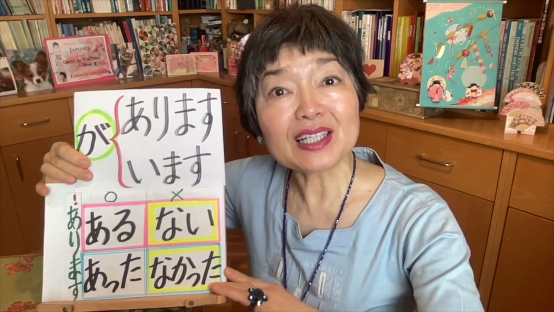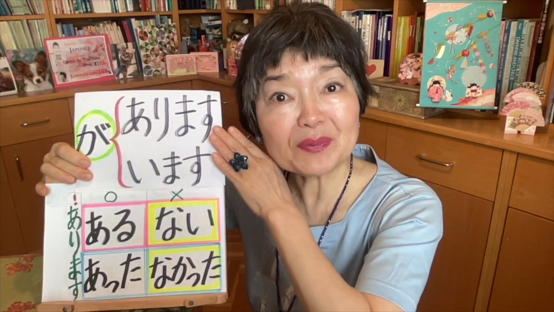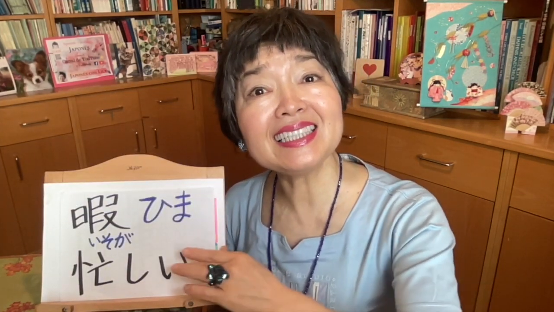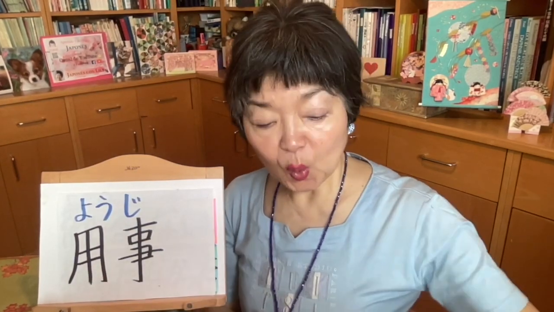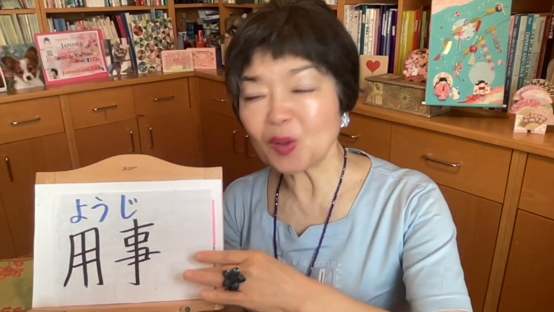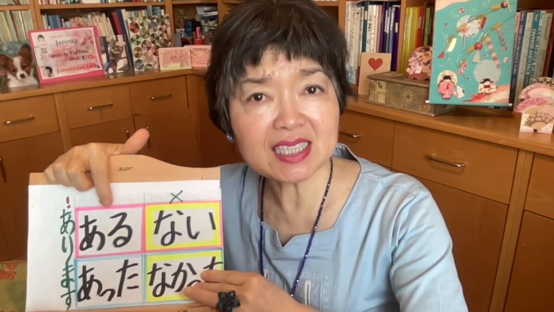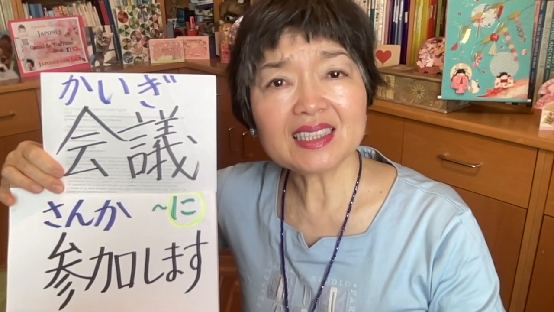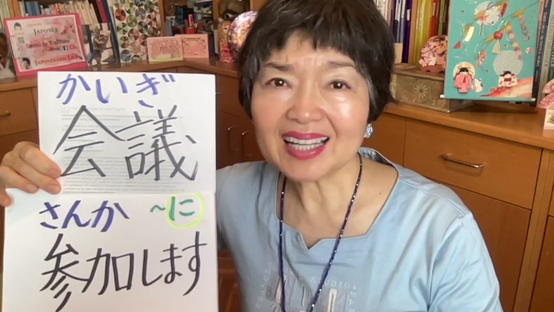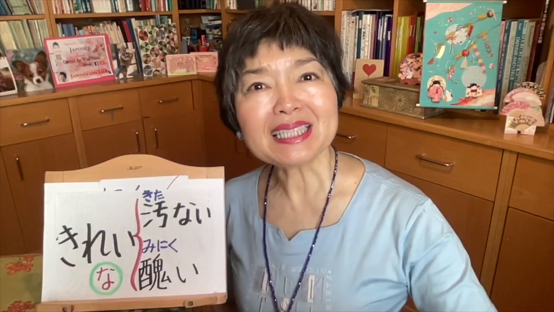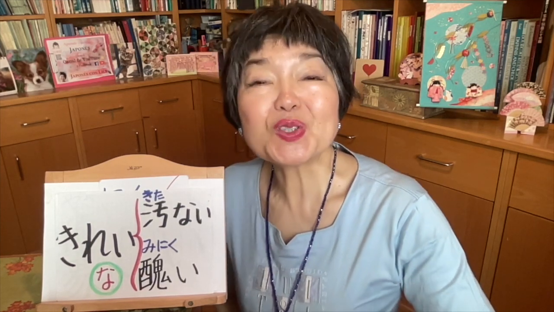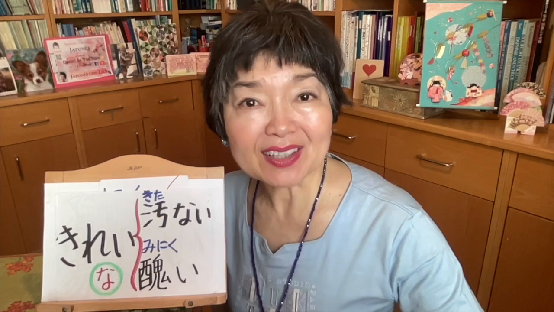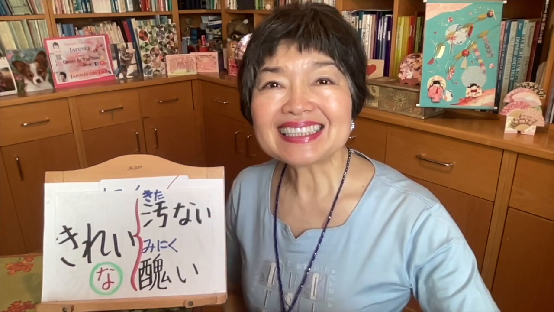So in this case, instead of あります, you must change to plain form. ある、ある、忙しいし、用事もあるし、会議に参加できません。Miss Yamamoto is beautiful and sweet, and her character or her personality is cheerful.